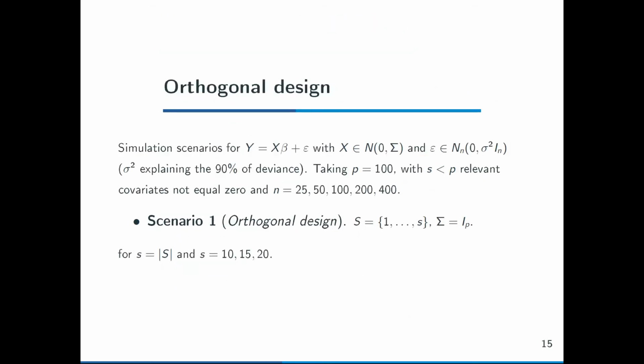First of all, we test the performance of the lasso in the orthogonal design. In this scenario, we assume the relevant covariates are located in the first S positions, and the covariance matrix is the identity. As the number of relevant covariates, we assume this to be 10, 15, and 20.